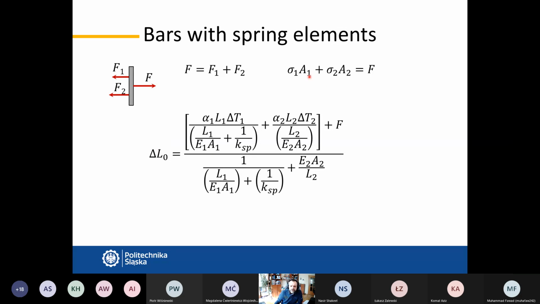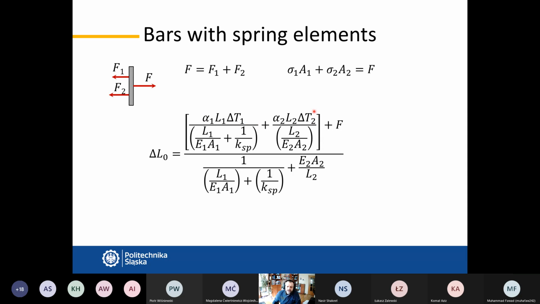So delta is 0. If we put the data there and connect all the factors together, we can determine delta as 0. So the change in length of the system in such a form seems not very user-friendly, but it's not that bad as it looks at first sight. Let's look at this. This is the elongation of member number 1.